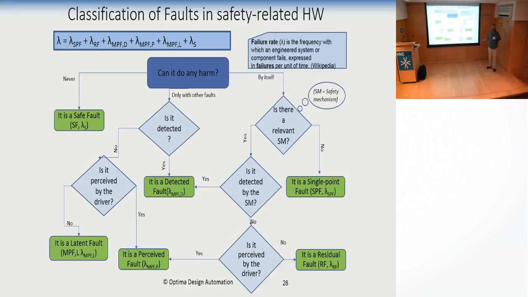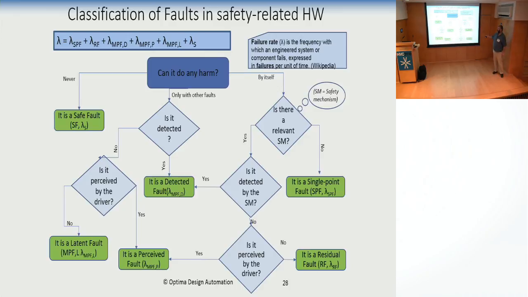Is there redundancy? Is there some checks? I don't know, something. If there is, okay, does the safety mechanism detect it? If not, if there is a driver, can the driver intervene here? If not, it is a residual fault. These are like the baddest of the faults, the ones that we didn't catch.